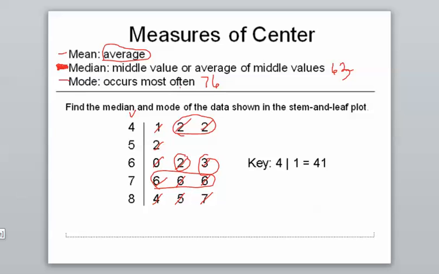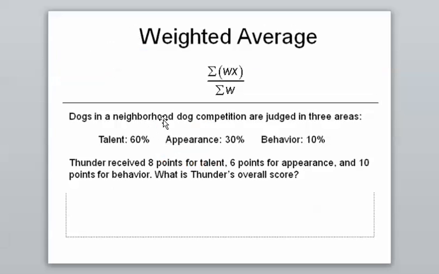One of the other things that comes up frequently is a weighted average. A weighted average is one in which we are putting more weight on one topic over another topic. For example, in this dog contest here, they're giving 60% to talent, but only 10% to behavior. And so the judges are judging them based upon this information.